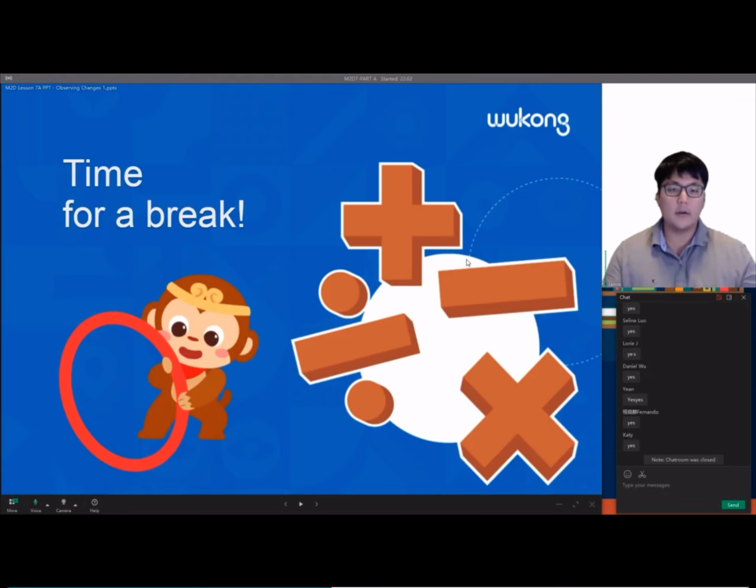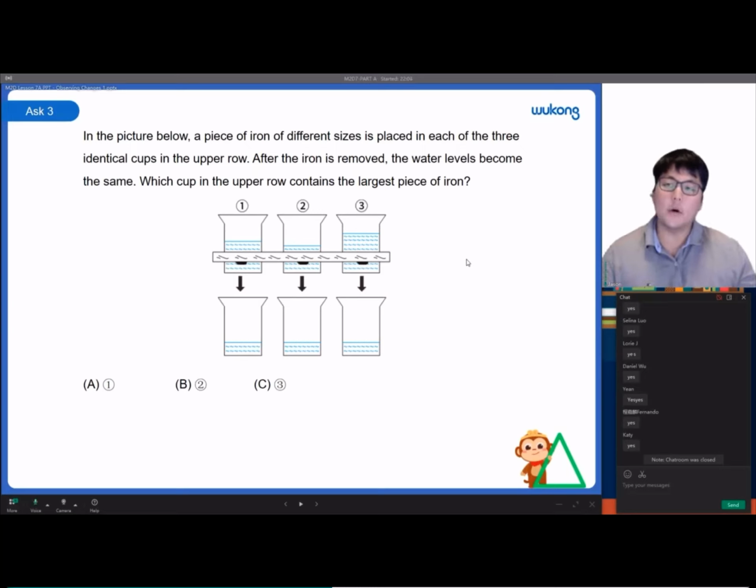So let's get going. Guys, now have a look at this question. In the picture below, a piece of iron of different sizes is placed in each of these three identical cups in the upper row. So this time, we already have metal pieces inside the water bottle. And of course, we have a tape to cover to show you how big these iron pieces are.